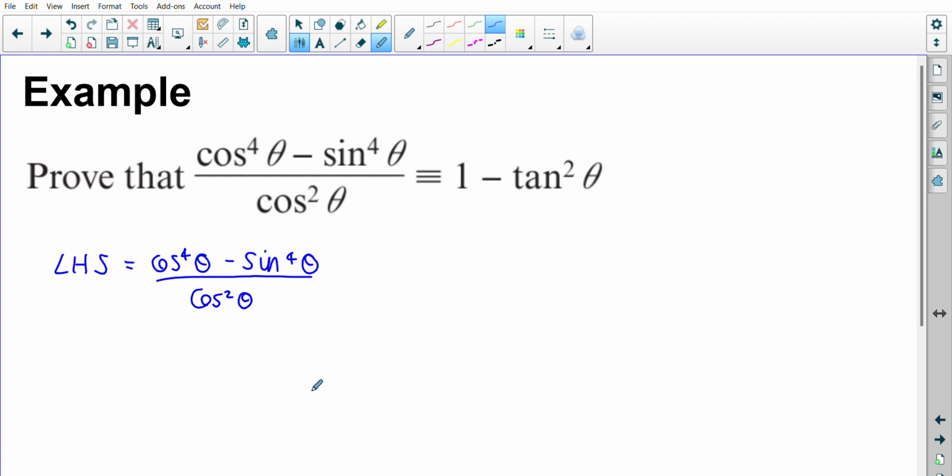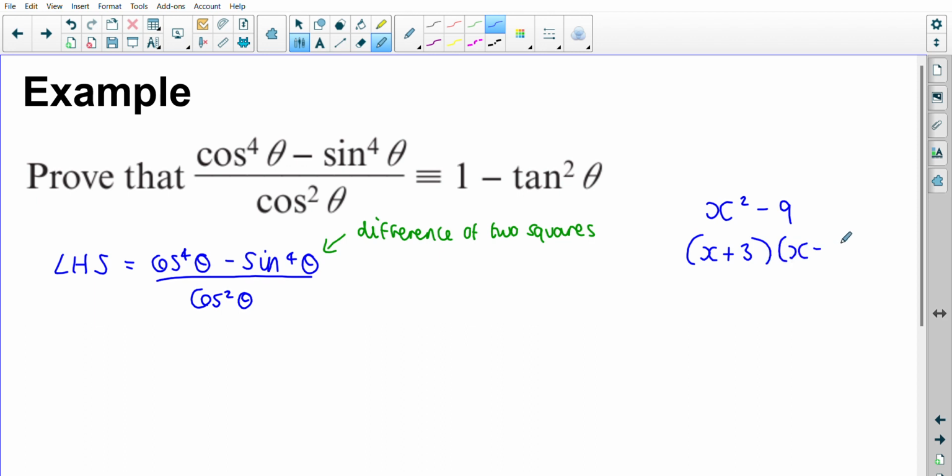What I've spotted, and what isn't very obvious, is the numerator is a difference of 2 squares. If I just simplify it a little bit, say I had x squared minus 9, remember that can be written as this and that. That's the difference of 2 squares. If I had x squared minus y squared, it would be x plus y, x minus y.